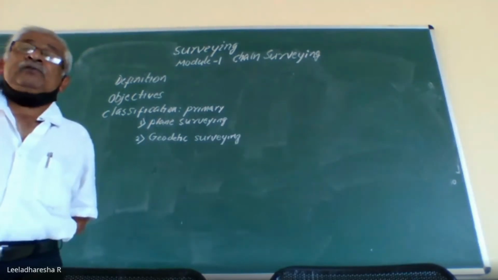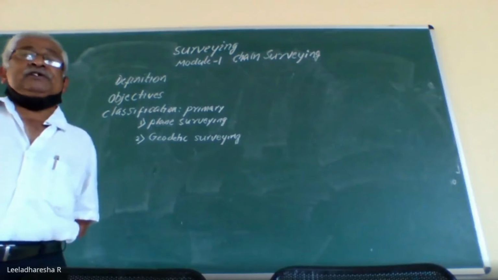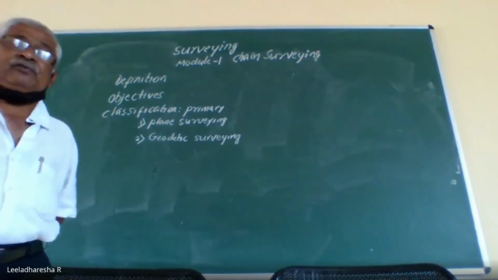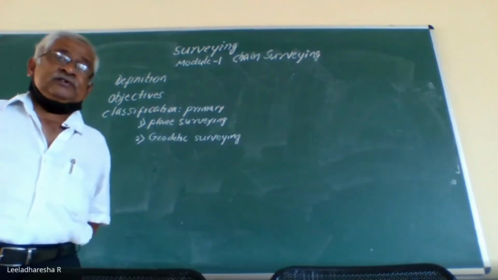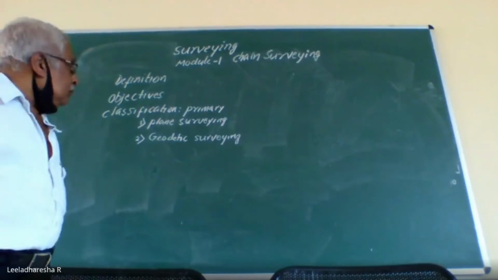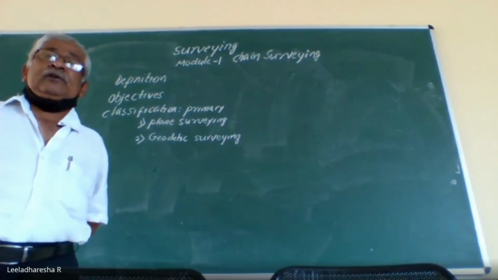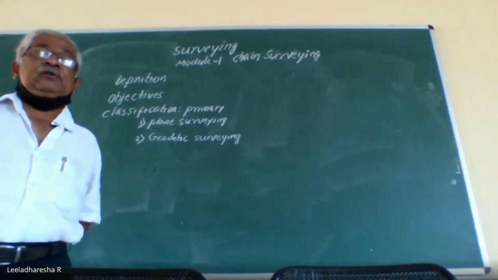That is, if I join a number of points which are equidistant from the center of gravity of the Earth, then the surface passing through such points is the reference for geodetic survey. So in geodetic survey, we take the curvature of the Earth into effect.